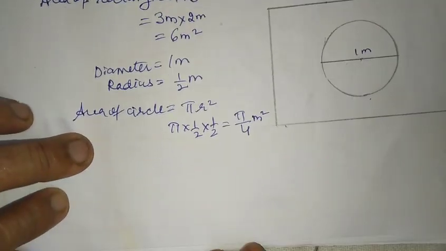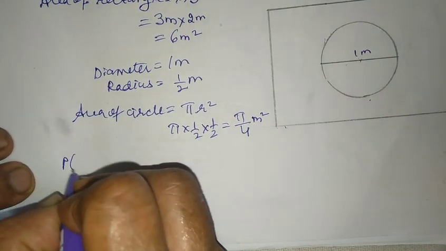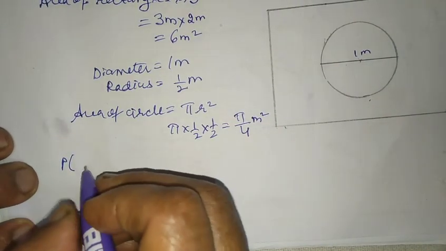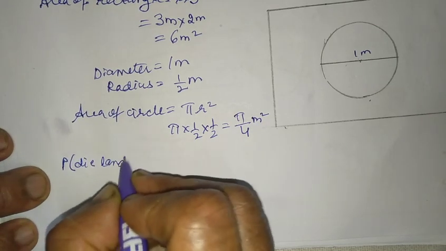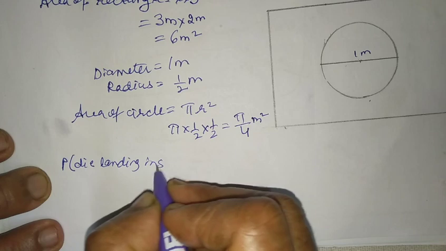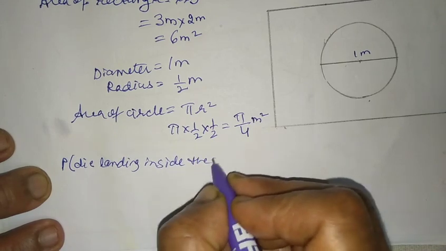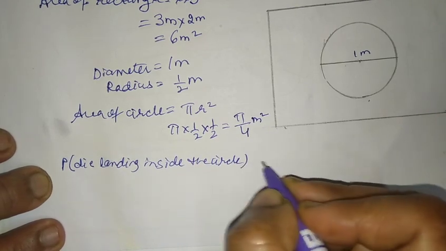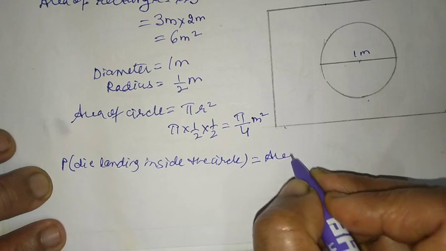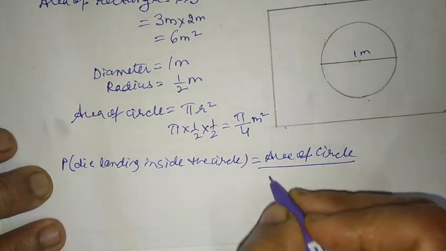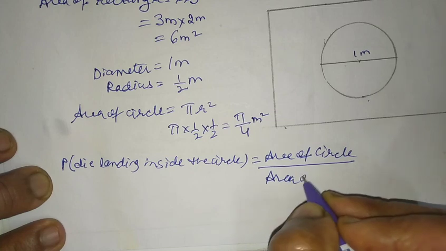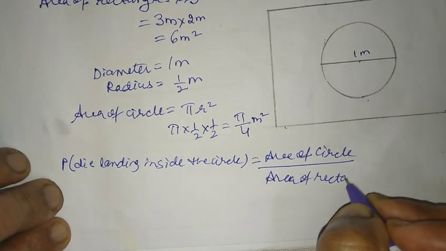Now we have to find the probability that the die will land inside the circle. The die landing inside the circle will be our favorable outcome, that is the area of the circle by the total outcome, that is the area of the rectangle here.